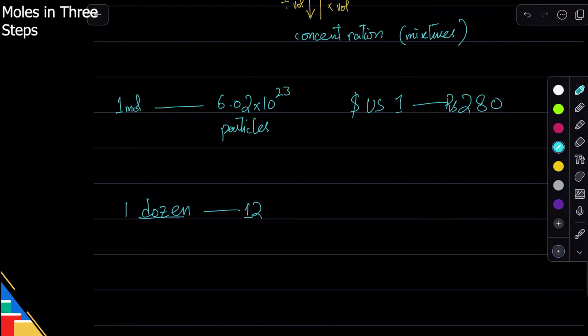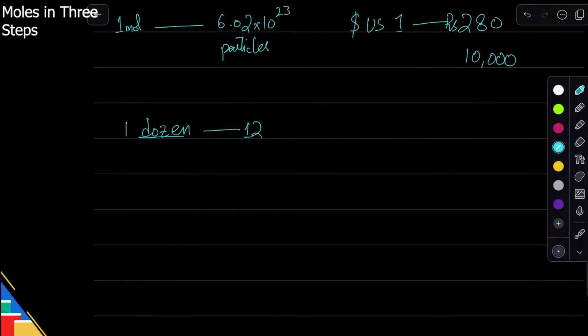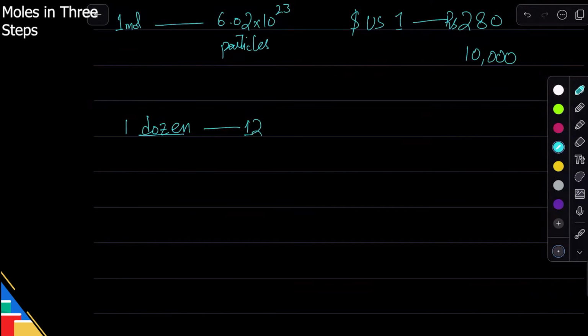Now, if I want to use this method and I have, let's suppose, 10,000 rupees and I want to convert them to dollars, how many methods do I have? One method is to simply say, okay, 10,000 divided by 280 will give me how many dollars I have. So 10,000 rupees divided by 280 gives me almost $36.